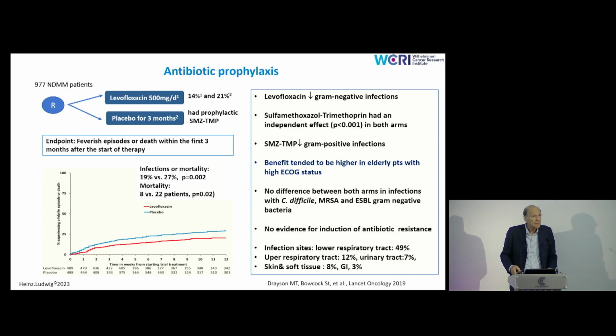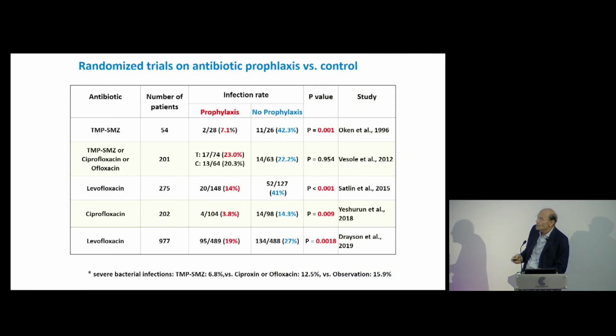So very positive, but this was newly diagnosed patients, and we now have to tackle, we're talking about heavily pretreated patients. But there are other studies, prospective randomized studies, comparing antibiotic therapy with placebo. And here you see, of these, I think, 5 studies, 4 were positive.